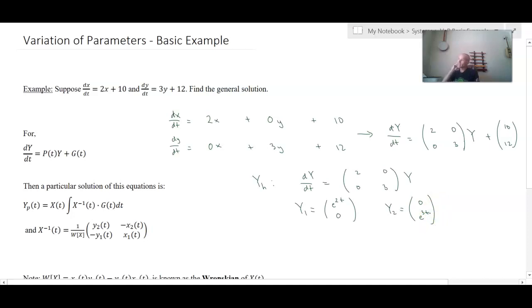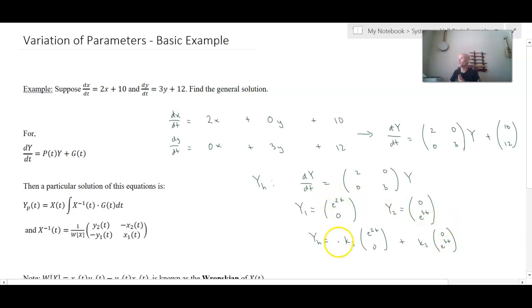And this by composition would give us the solution y sub h is k1 times this vector e to the 2t, 0 plus k2 times 0, e to the 3t.